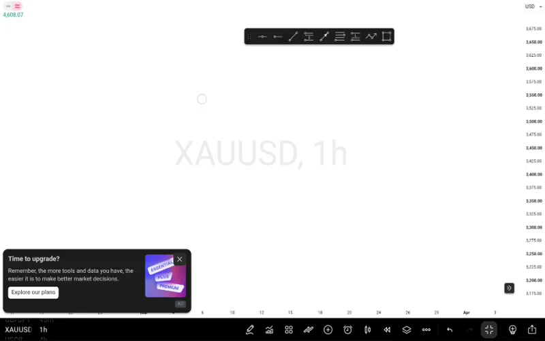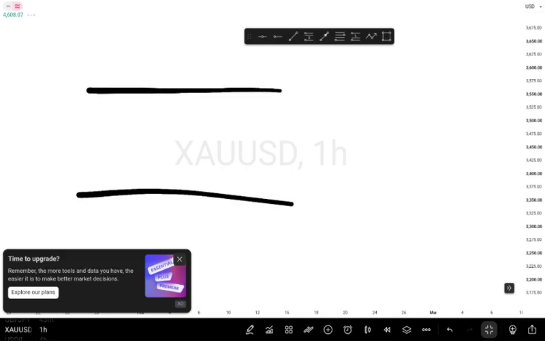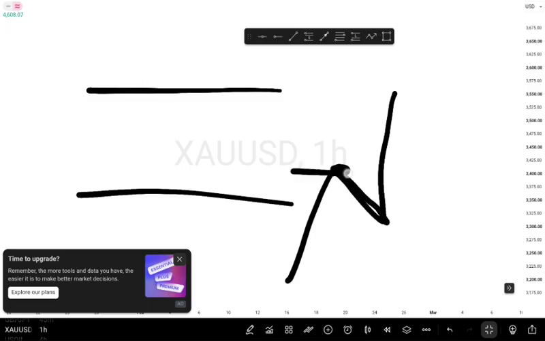So a resistance and a support is just like this. When market is going bullish, what makes this point pull back first? It means it got to a resistance level first, and then that resistance pushed it away.